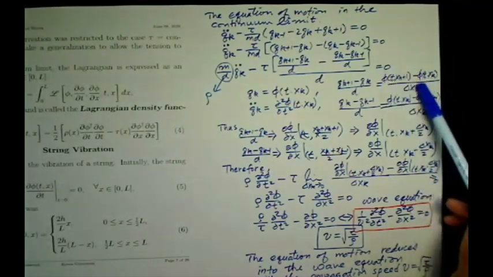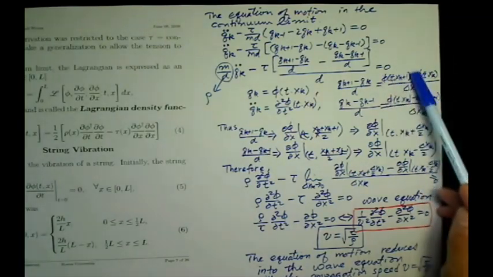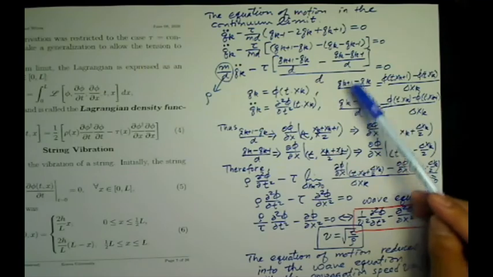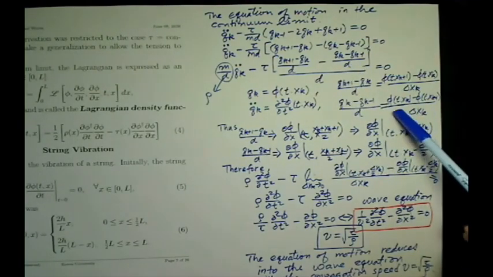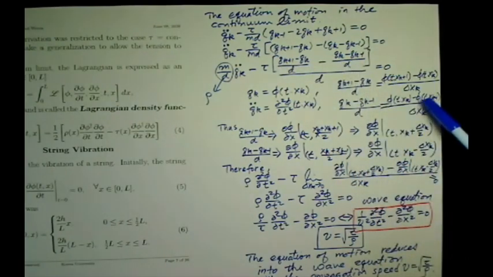In the limit delta xk goes to 0, this is the partial derivative of the field with respect to x. And the next term is the same partial derivative of the field with respect to x, except that there is a spacing between these 2 points by delta xk.